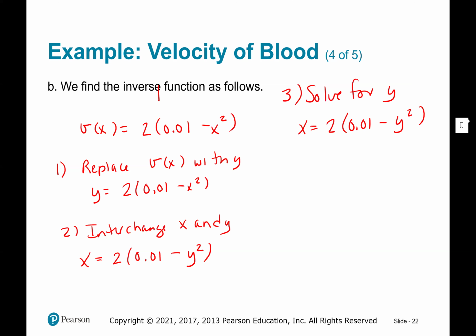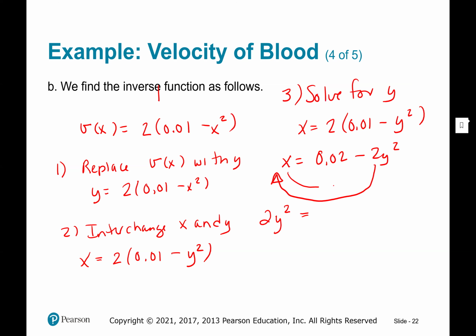Now, if it were me, I'd probably go ahead and distribute the 2 across. And then I'm going to do a little finagling here. I'm going to move the minus 2y squared over to the left by adding it.